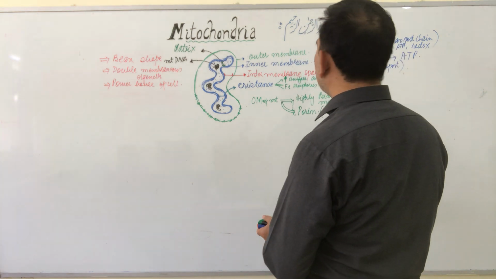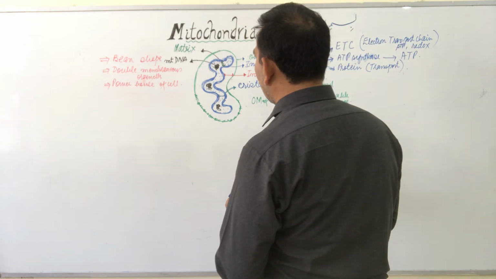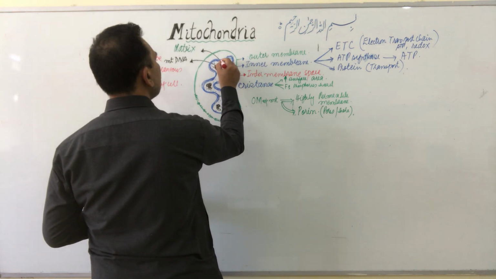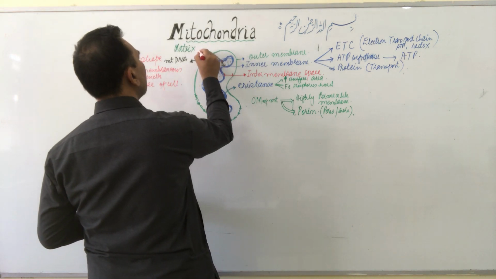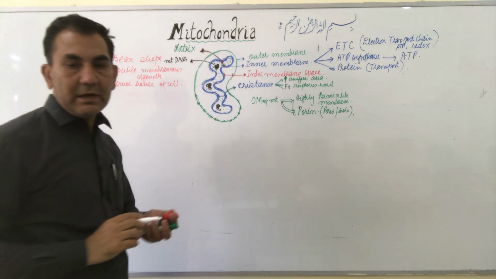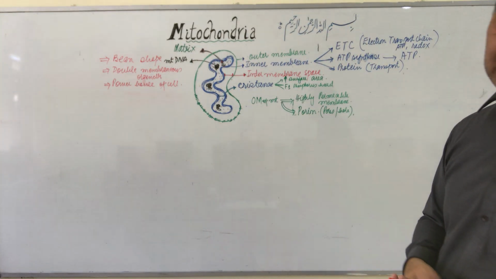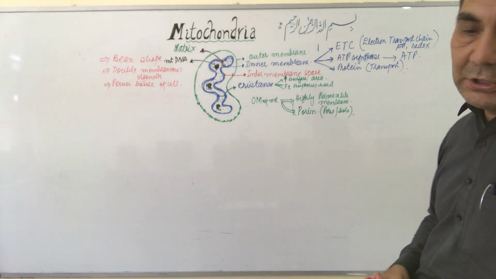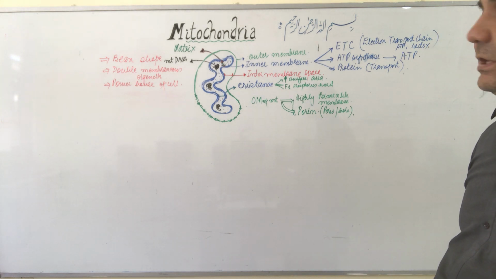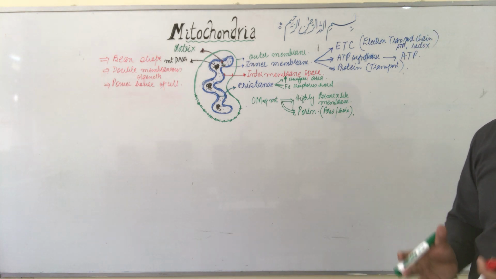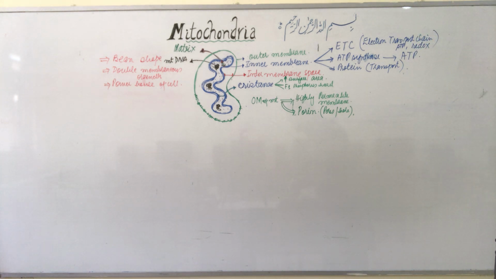Now we will learn about the matrix. The intermembrane space is the internal membranous space, and the matrix is about 2/3 of the protein space inside the mitochondria.